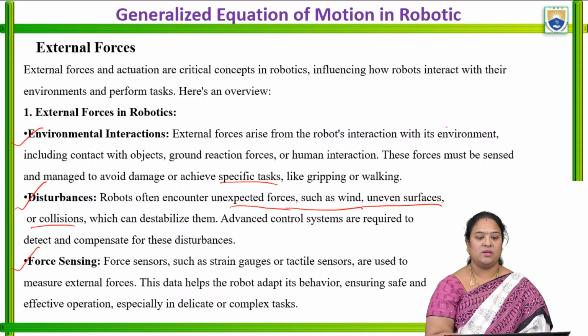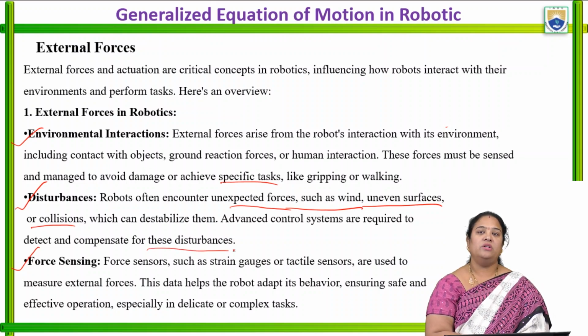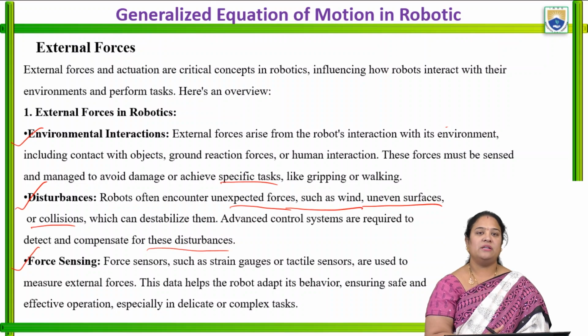Advanced control is required to detect these unforeseen disturbances like uneven surface, wind, or collisions with objects in the environment. The robot should be able to detect these disturbances.